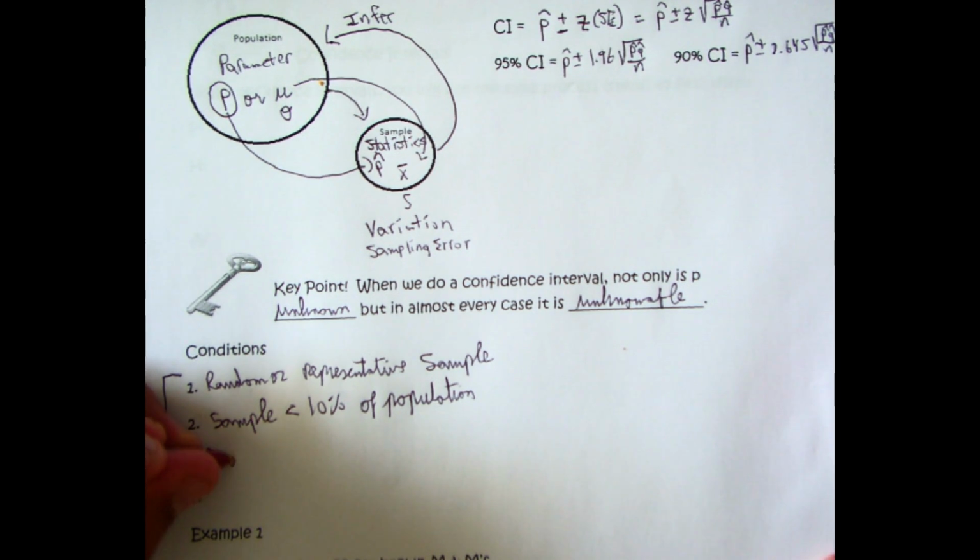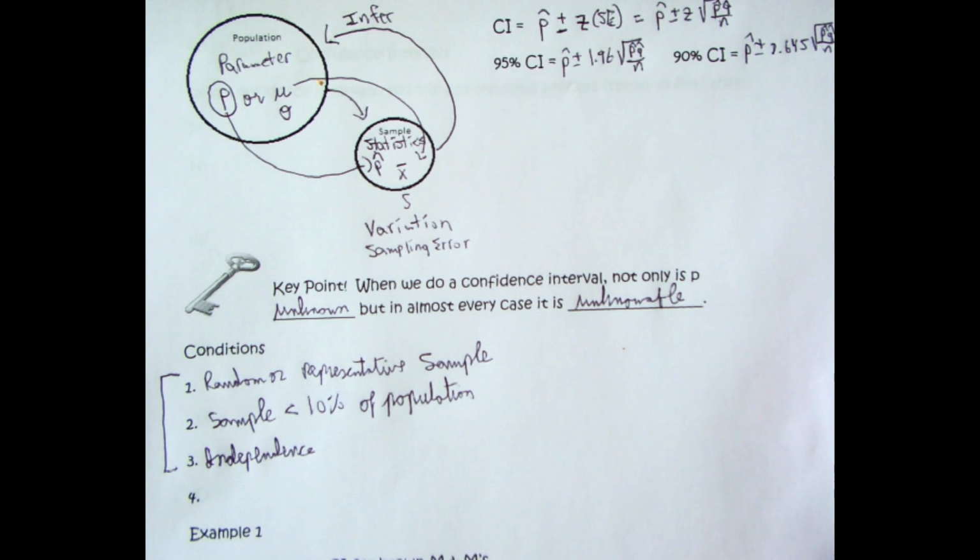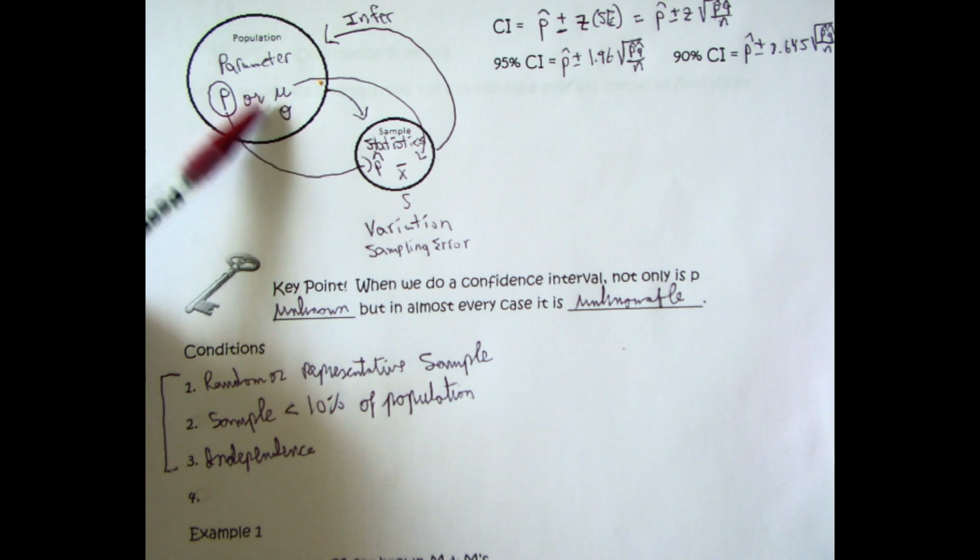The third condition is some kind of independence. That independence will depend on what kind of inference we're doing. It's either that the subjects are independent or that the samples are independent, but you'll always have some kind of independence condition, whether we're dealing with a proportion or a mean.